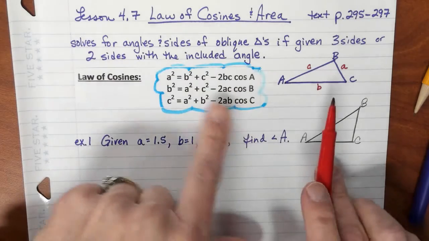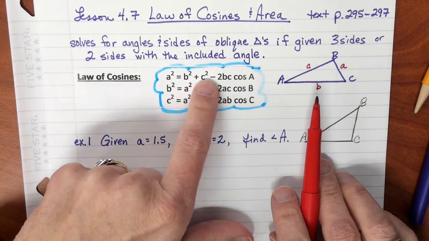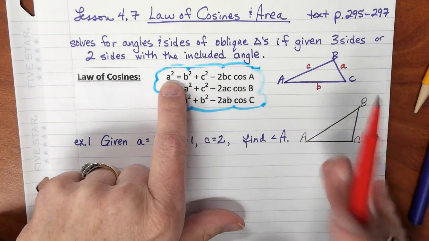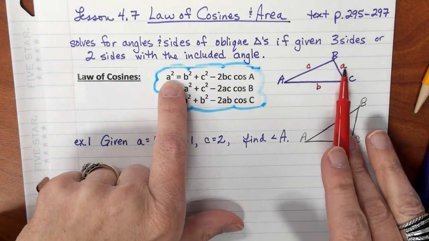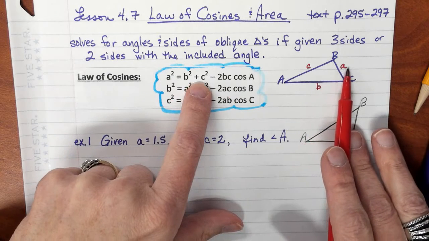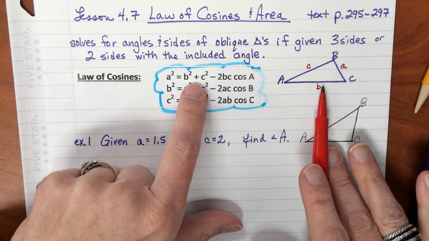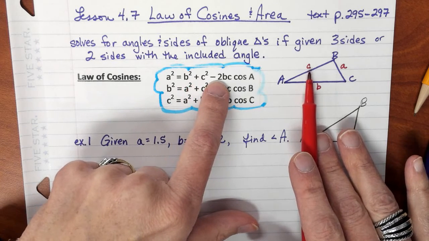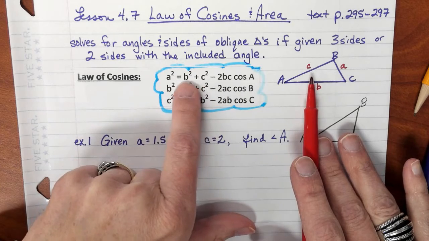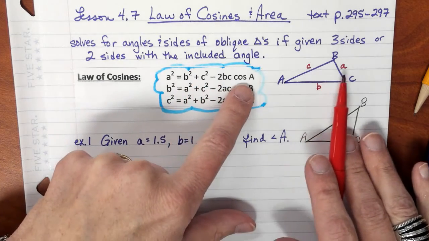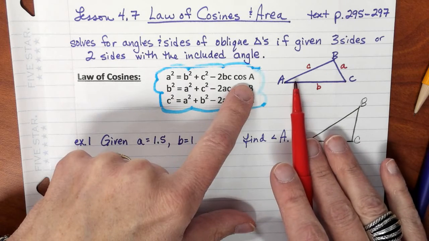So if you need to remember, you've got a squared, b squared, c squared. The equation equals a side squared. Pick a squared. Then that equals the sum of the other two sides squared. So a squared equals b squared plus c squared. And then you subtract 2 times the product of these two sides, b and c, and the cosine of the angle you want.